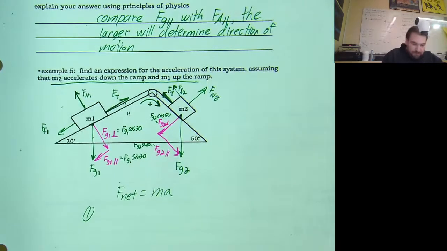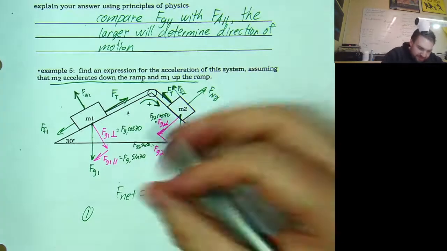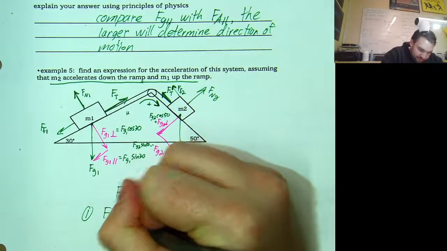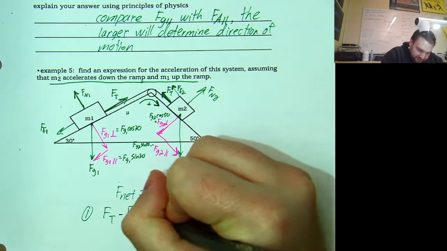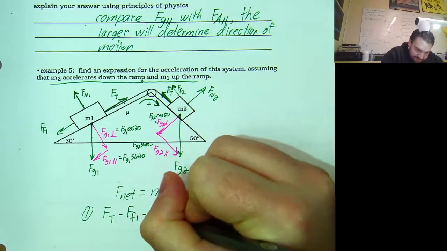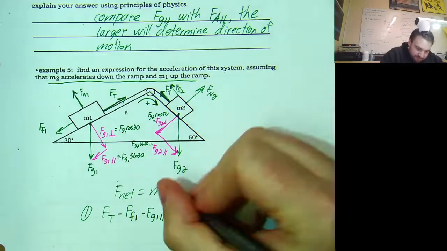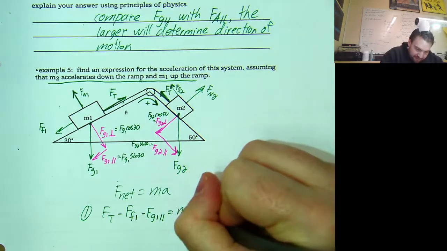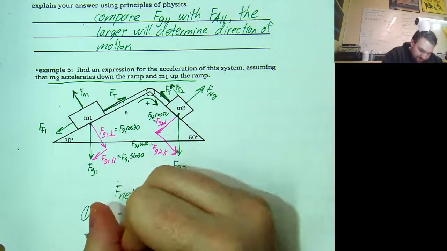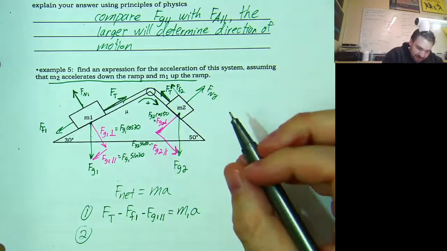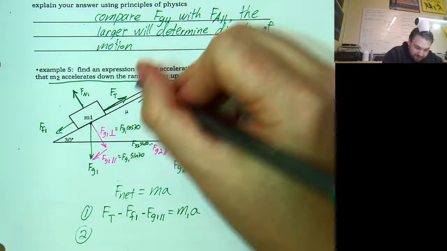So now for our first block M1, if up and over is positive, we're going to have Ft minus force of friction for 1 minus Fg1 parallel equals M1A. This next one, up and over and down is positive.